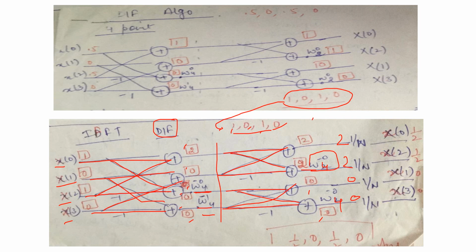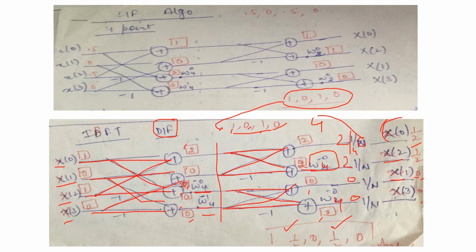Now you have to perform the 4-point DIF, means value of N is 4. Okay, 2 divided by 4 is 1 by 2, 2 divided by 4 is 1 by 2, 0 divided by 4 is 0, 0 divided by 4 is 0. Here x of 0 is 1 by 2, so you write here x of 0 is 1 by 2, x of 2 is 1 by 2, x of 1 is 0.